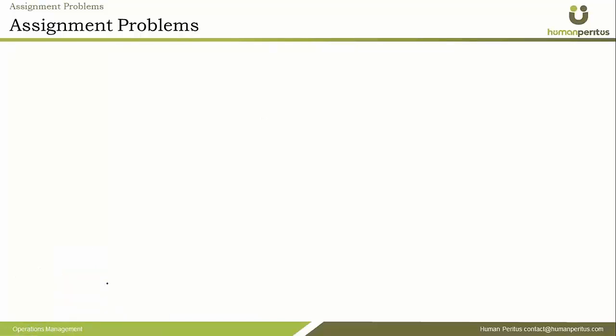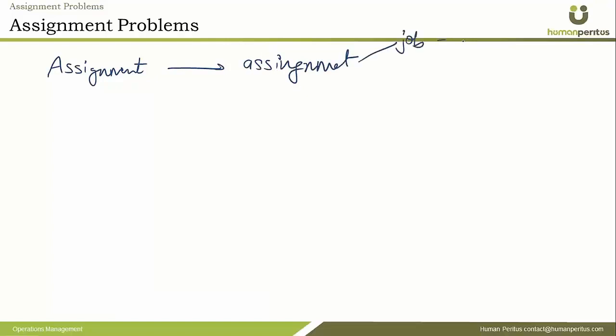So what types of problems are asked in assignment? We will try to understand this in this slide. So what is the meaning of assignment? Assignment means assigning jobs or tasks to machines, assigning jobs to machines, tasks to workers.